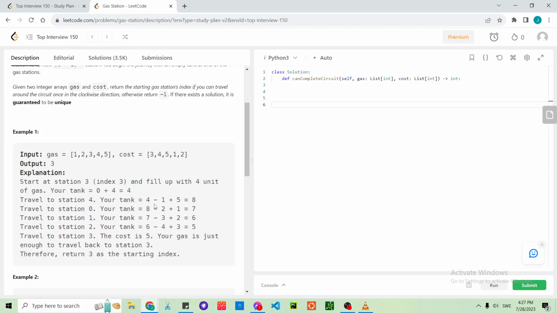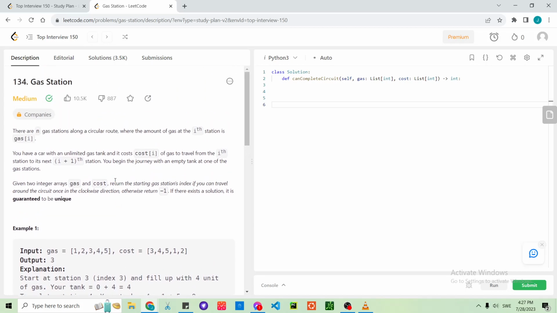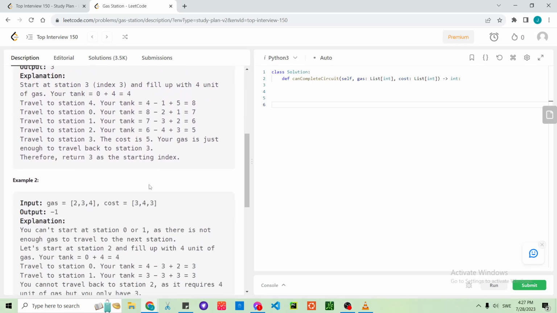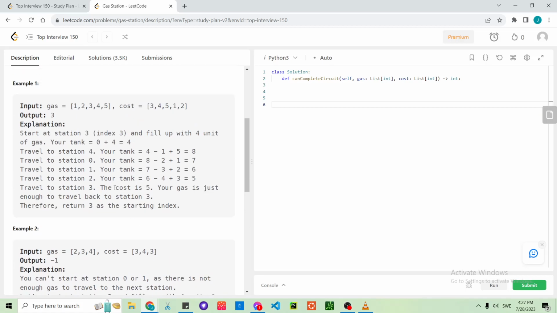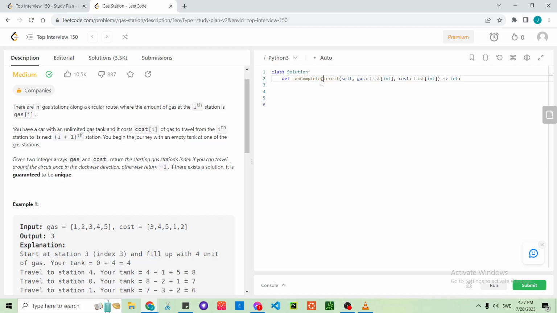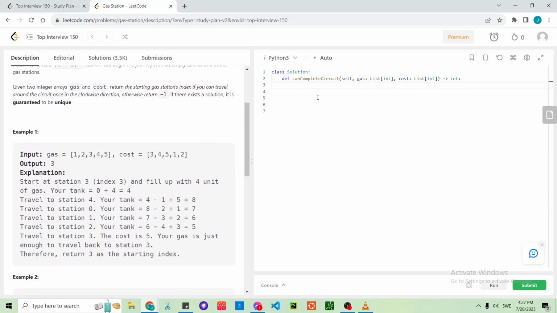How about we just code the brute force solution, and then if it's very inefficient, we will try to improve. It doesn't say anything about time or space complexity requirements, so let's try to just code the brute force.